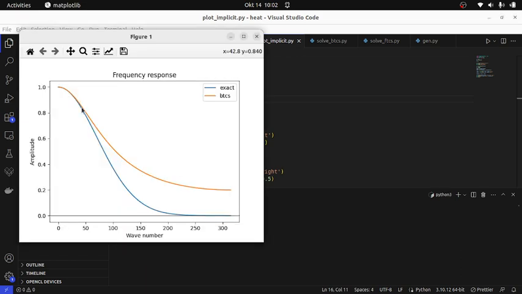look at this. So you see that the exact one is an exponential that decays like a Gaussian, right? And the BTCS one also decays, but decays slower. So you see that we have an overestimation of the larger frequencies, but the important thing is it's always between 0 and 1.